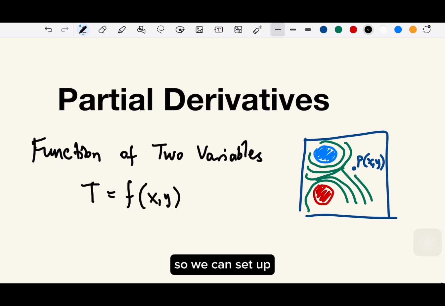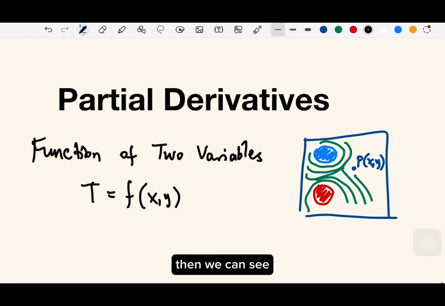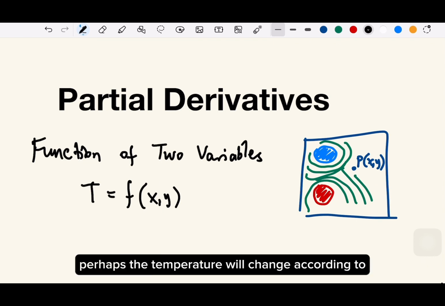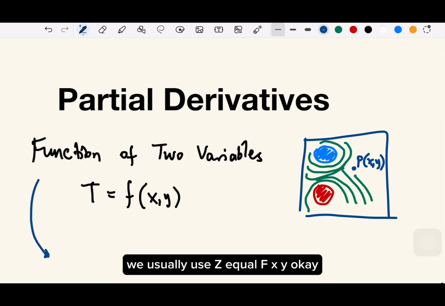So we can set up points, like maybe if we move our points, then we can see perhaps the temperature will change according to the function. But generally, we usually use z equals f(x, y). Okay.